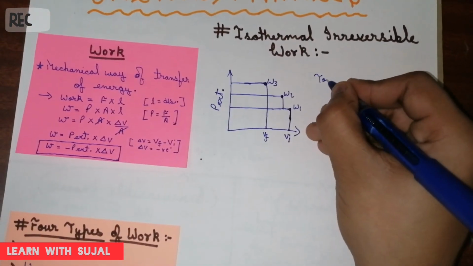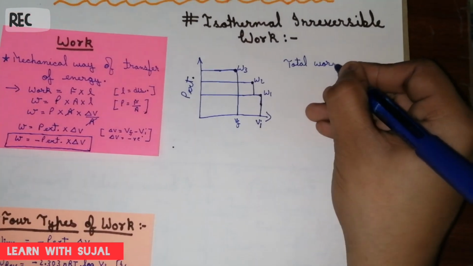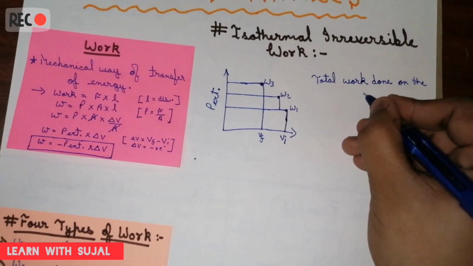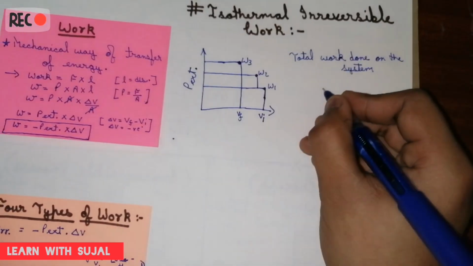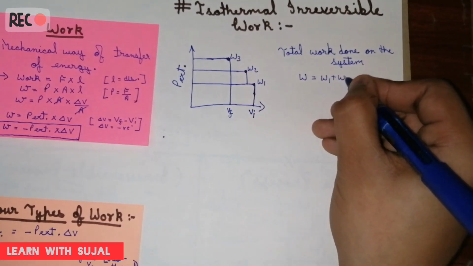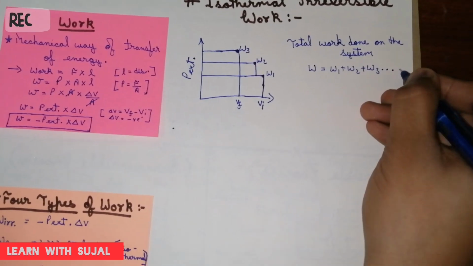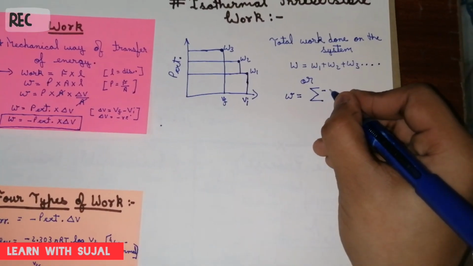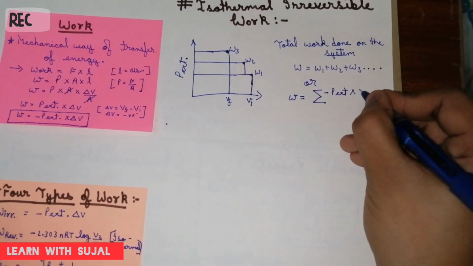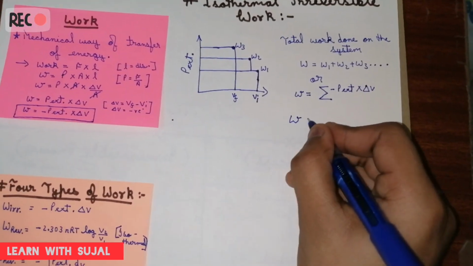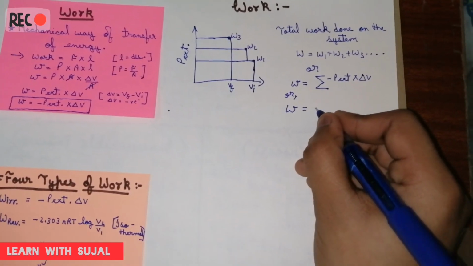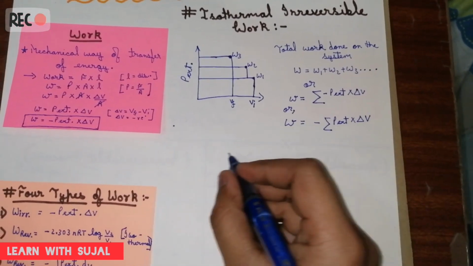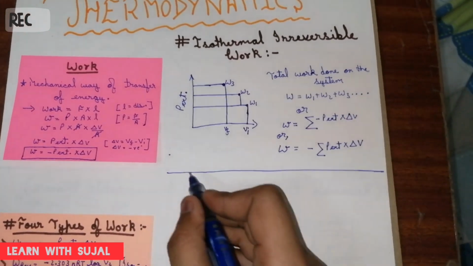So total work done on the system will be, taking infinite steps, work is equal to sigma P external into delta V. Okay, this is the isothermal irreversible case.